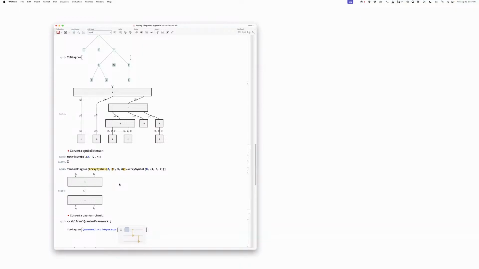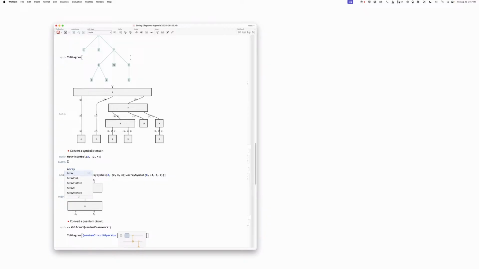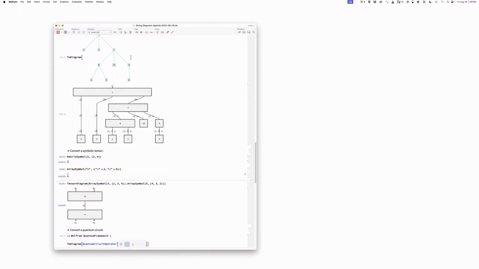Now, the reason I'm going on about this is, if we had named ports on an array symbol, which we do not right now, and I say array symbol A and then start using something like this, the dimensions can be symbolic, right? Yeah, they can be symbolic, but I can't do this. It's very confused there.